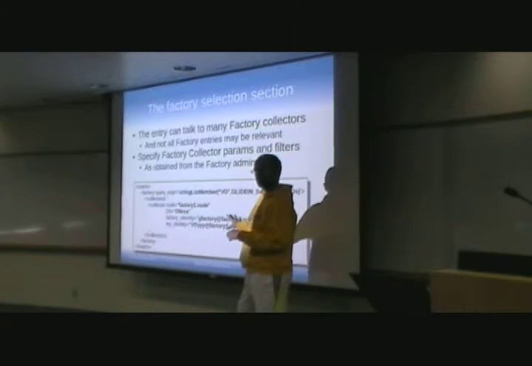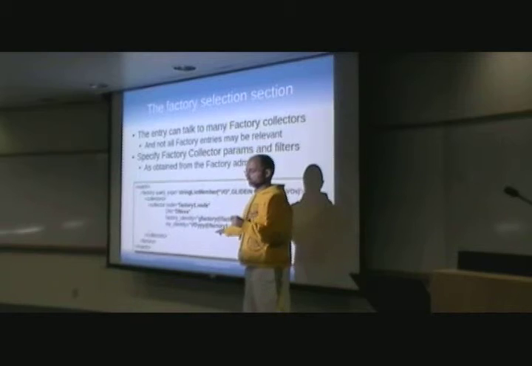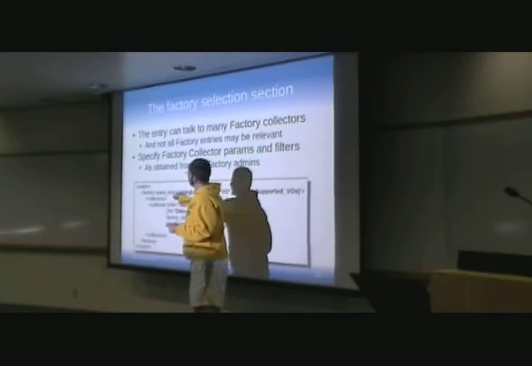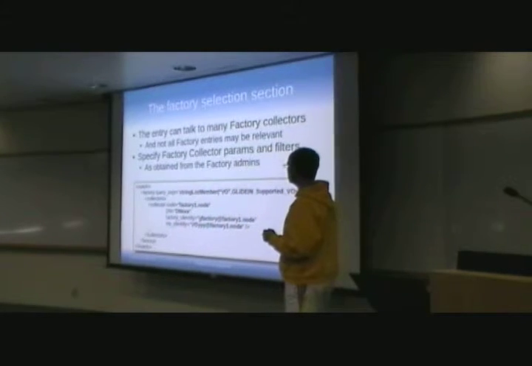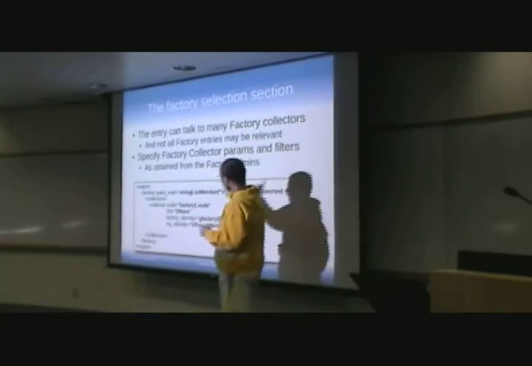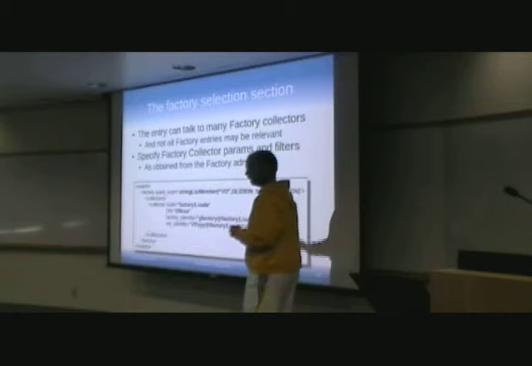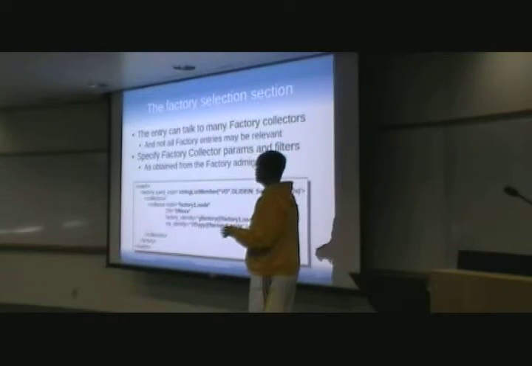Don't change it from what they told you, or nothing will work. And you have as many as you need. And then you have to specify what is your match expression. No, this is not match expression. This is actually which class ads I actually want, which factories from that collector I actually want.